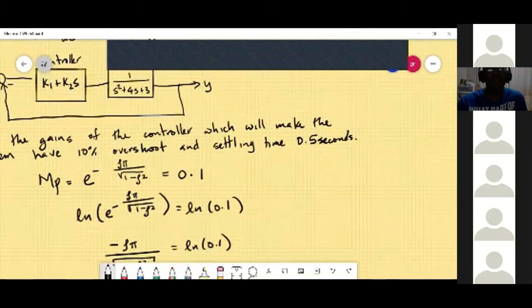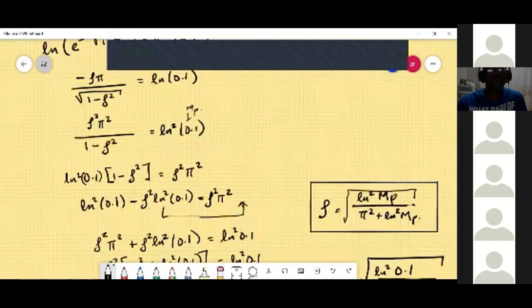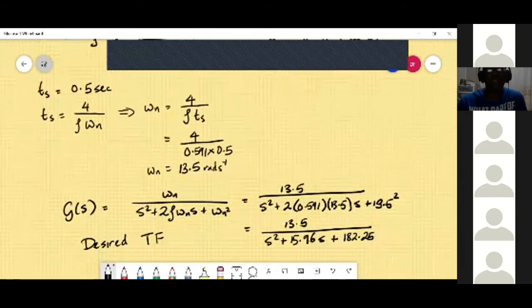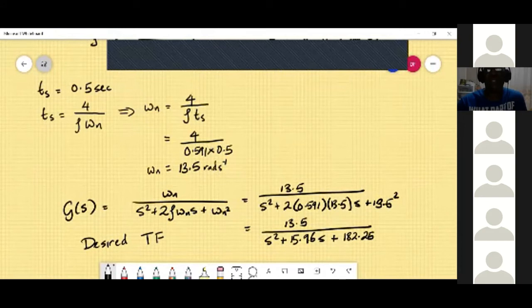So now, what we have to do now is look at this and find the transfer function of the system that we have. So what we are going to be doing is using the gains K1 and K2 to transform this system into this system that we want down here. So the K is going to be such that it changes the values on our system.